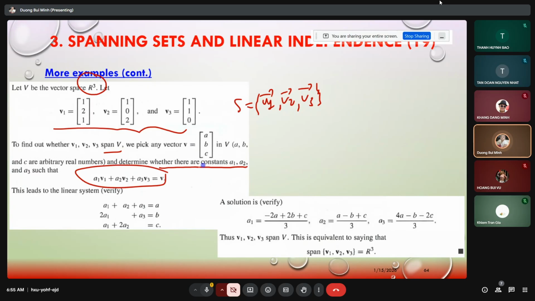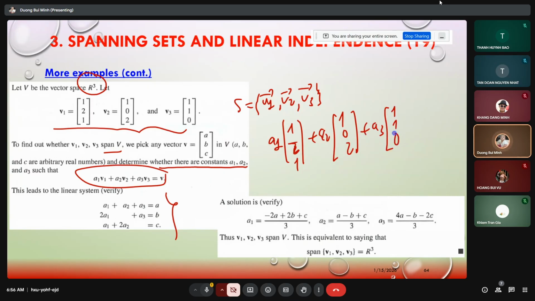When we write the linear combination, you get a1 times (1, 2, 1) plus a2 times (1, 0, 2) plus a3 times (1, 1, 0) equal to (a, b, c).